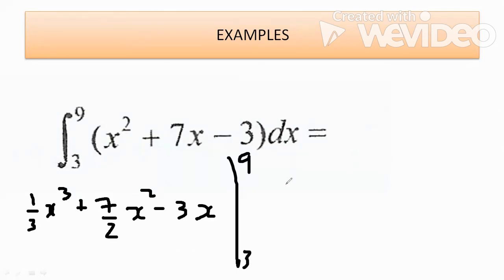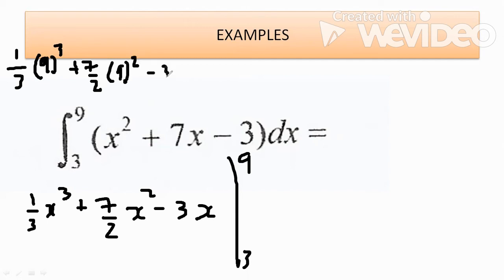All right, so we had more space. So let me see if I can squeeze at the top here. So we're going to have a third, 9 to the third power, plus 7 over 2, 9 squared, plus 3 times 9.